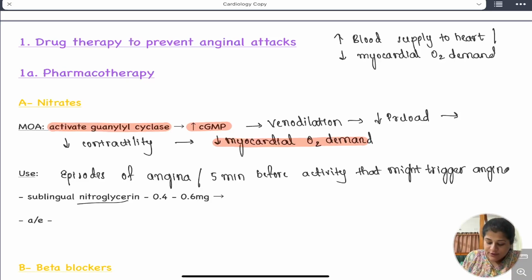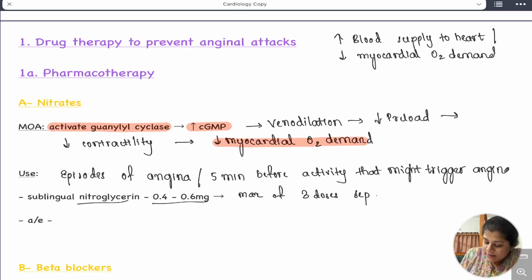Sublingual nitroglycerin is used: you ask the patient to keep the tablet under the tongue. The dose is 0.4 to 0.6 mg. You can give a maximum of 3 doses, separated by 5 minutes.